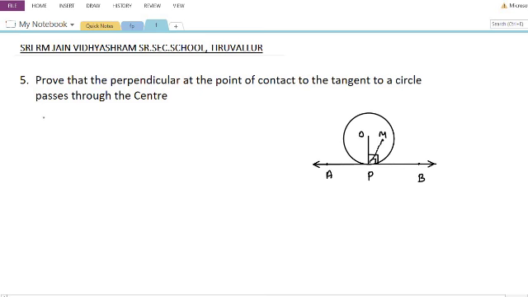So let me write the given first. Given is a circle with center O, and a tangent is given, right?